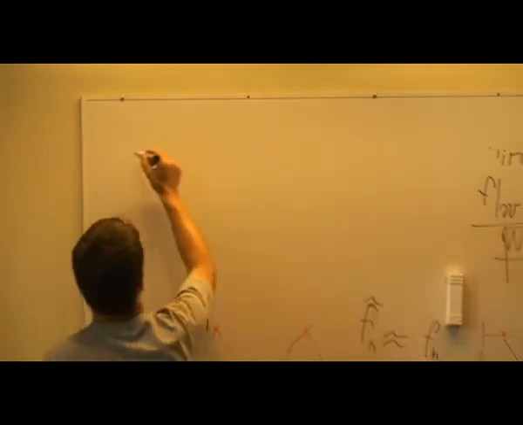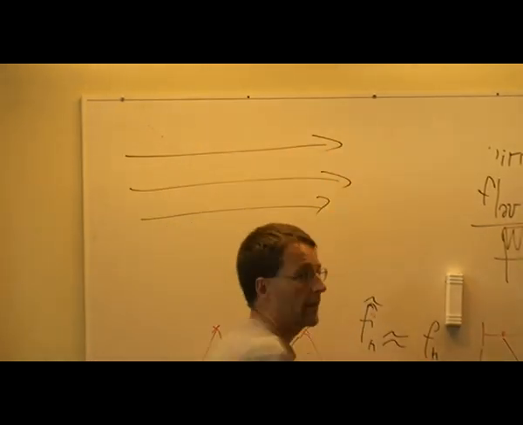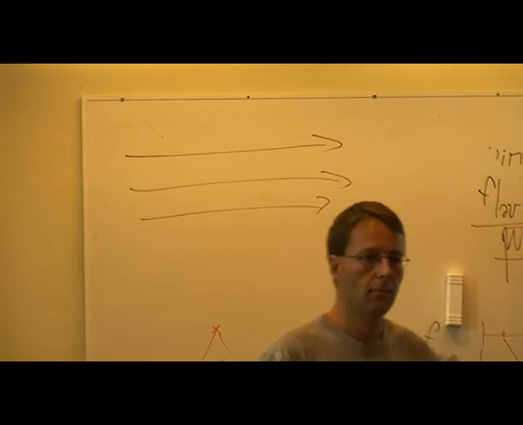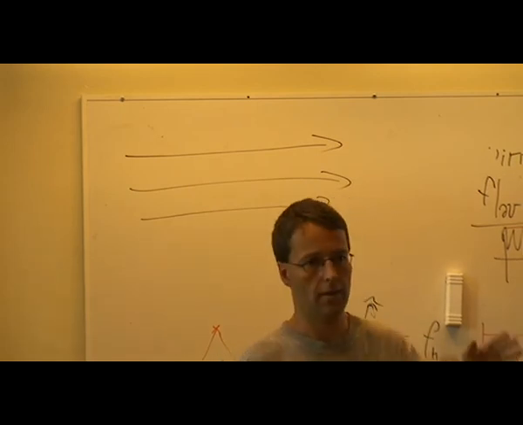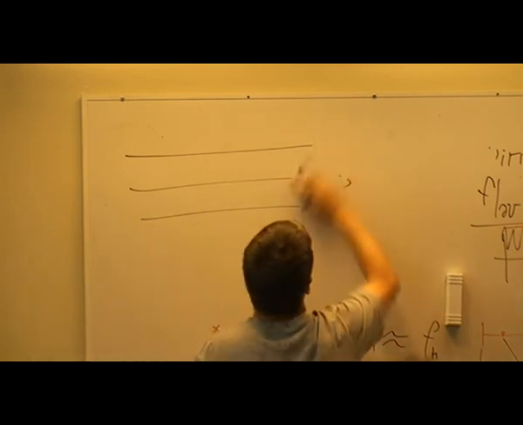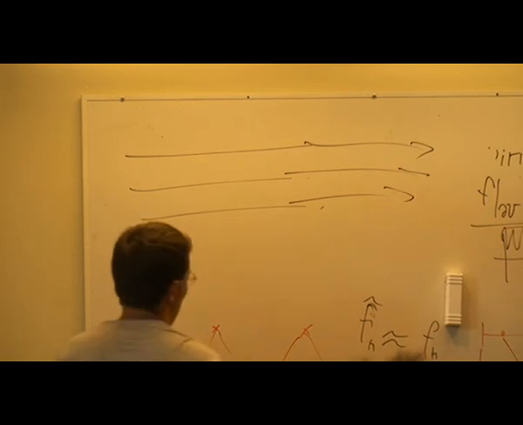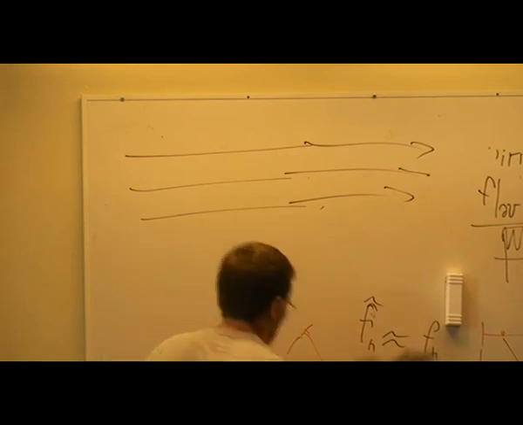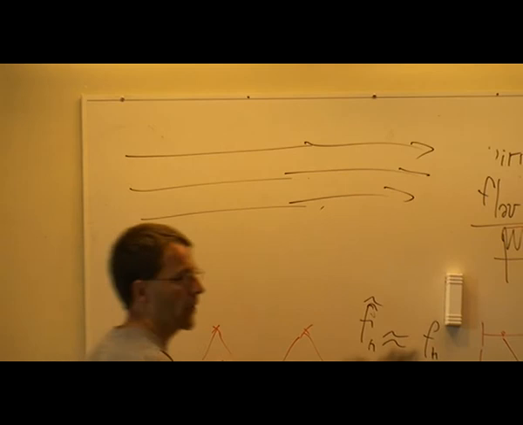Now, Alfvén waves, actually, in reality we don't have that conducting fluid. In reality, we have electrons and we have ions. And then Alfvén waves look like this, or rather the current system associated with an Alfvén wave.